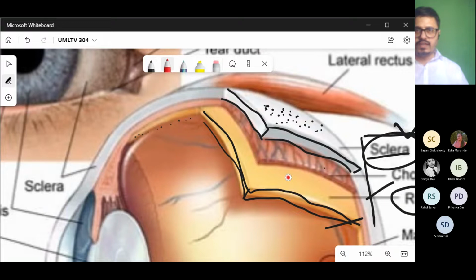So with the red color, I'm now drawing these blood vessels. I can even draw the margins of the cut section. So this is the margin of the cut section, and see how far it is extending. This is extending beyond the point where the retina ends. Did you notice this?